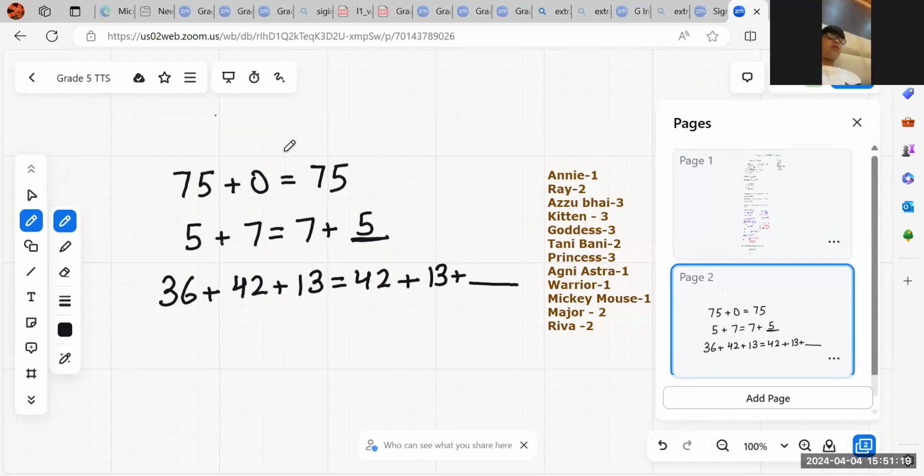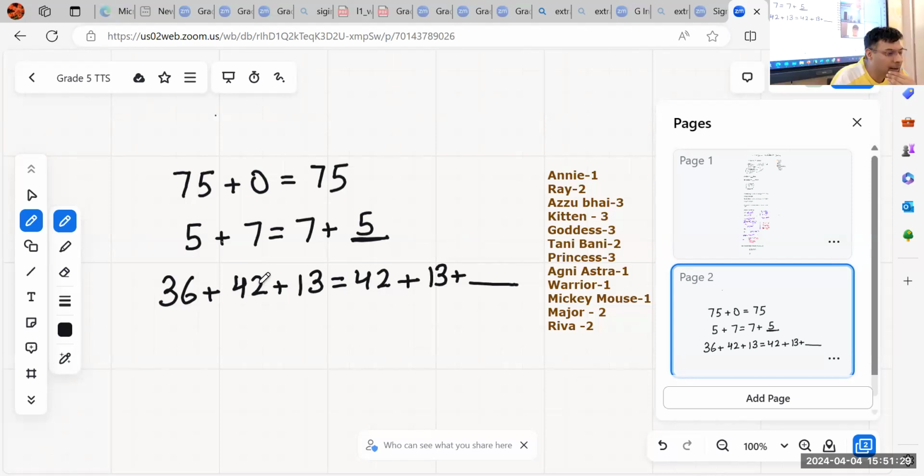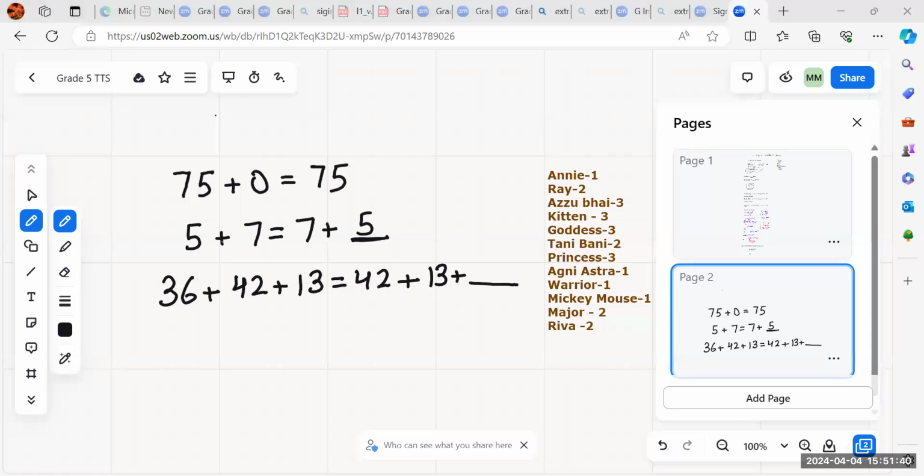Who shouted this? Riva has also joined. Riva, why are you on the bed? Sir, I am going to my table. Don't do the class on the bed. If the bed wants to do the class, you can enroll the bed also.